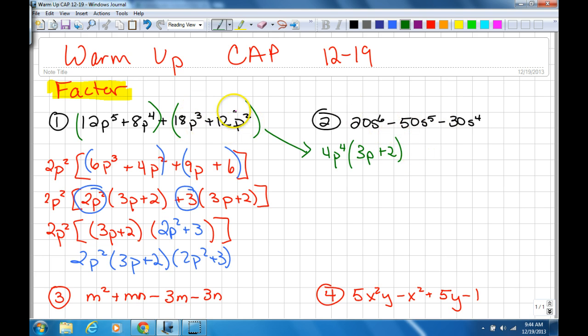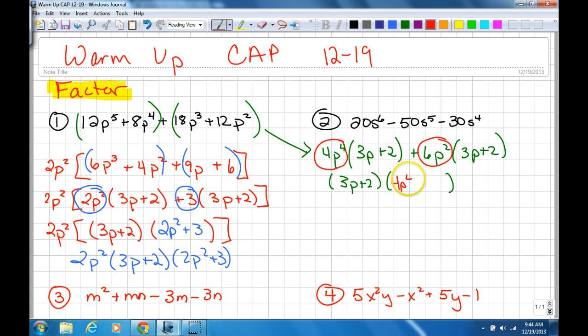What can I take out of the second parentheses? 6p squared. So then I have a 3p plus 2 on the inside of this. Now, they both have 3p plus 2. What's left over? That and that, right? So it'll be 4p to the fourth plus 6p to the second.